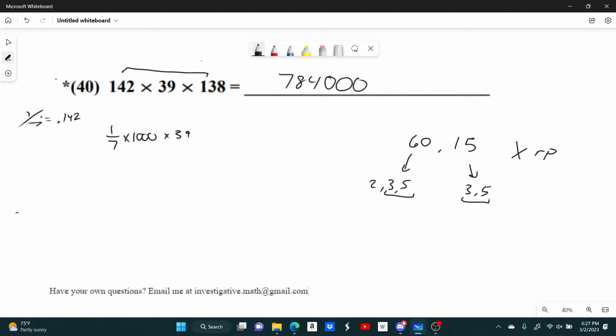And then times 39 times 138, maybe round 138 to 140, and then 140 times 1/7 simplifies to 20, so it'll be 20 times 39 times 1,000, which would just be 780,000. Yeah, I guess that works. That's interesting. It's really just up to you which one you decide to use. Yeah, it's entirely preference. On estimations, there really isn't one better way or the other. So hopefully that helped.